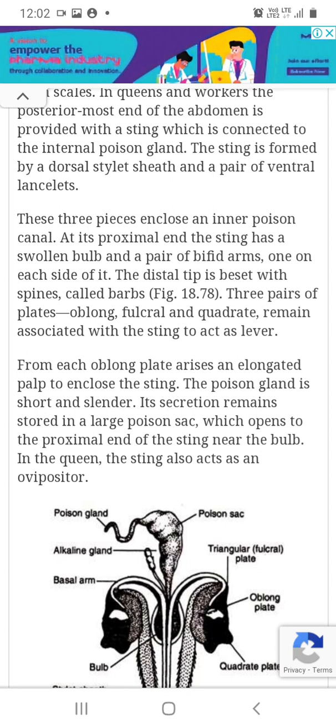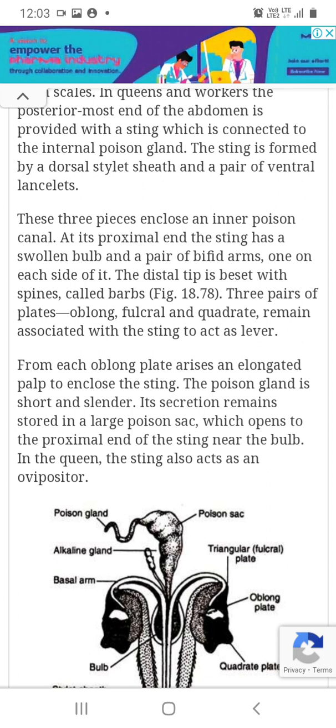These three pieces enclose an internal poison canal, a narrow canal which ejects the poison into the skin of the host to whom it has stung.